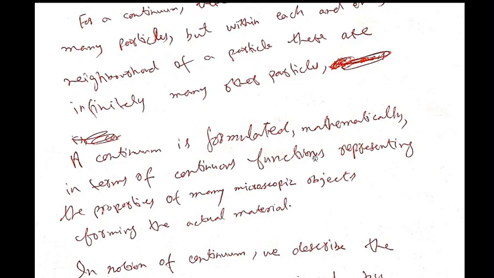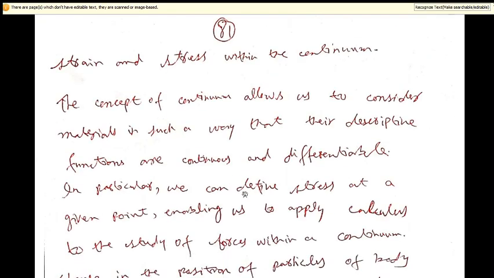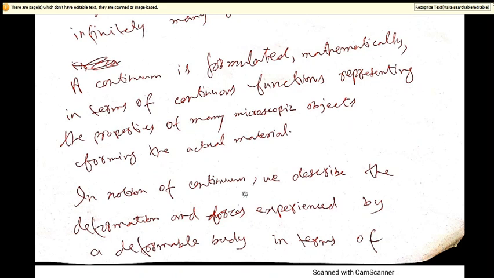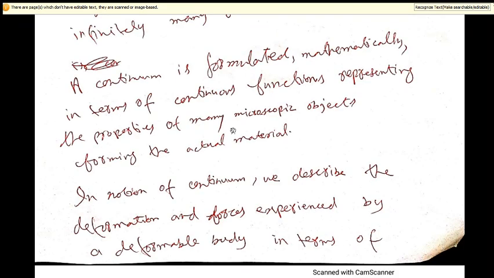So the functions which represent the properties are also continuous functions. In the notion of continuum, we describe the deformation and forces experienced by a deformable body in terms of stress and strain within the continuum.